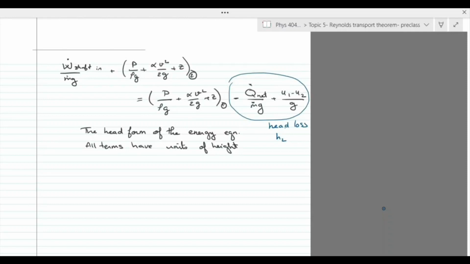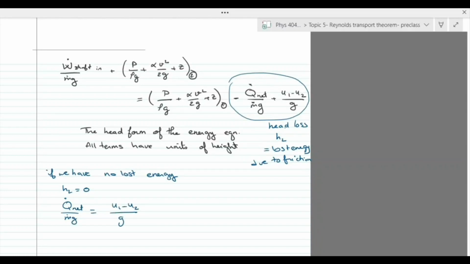So this term will tell us about the lost energy due to friction. If we have no lost energy, then this term can become zero, and then you will see that this leads to having Q dot net over m dot g equal to u1 minus u2 over g.